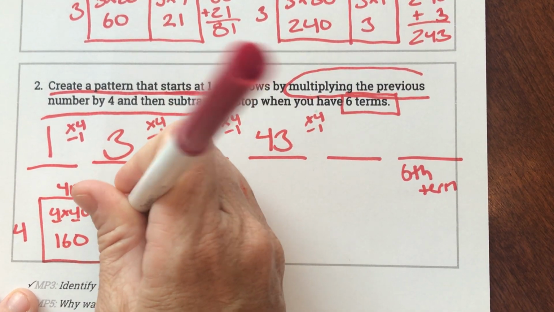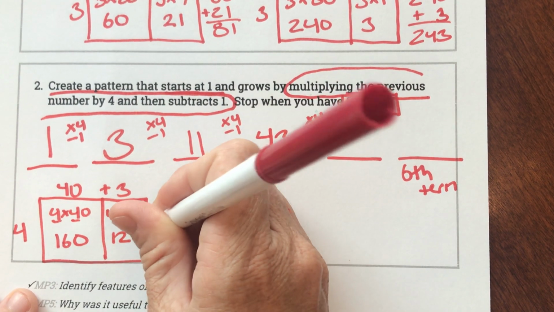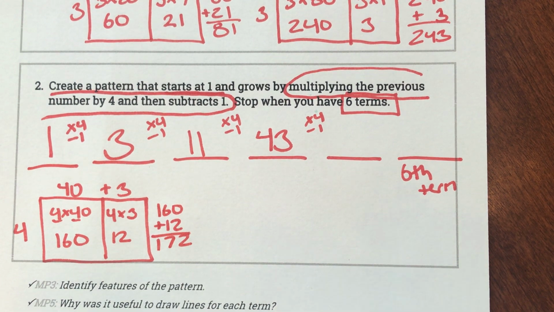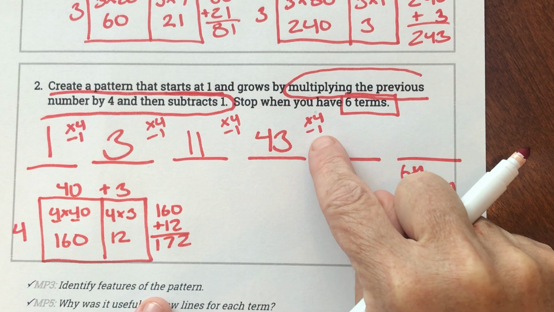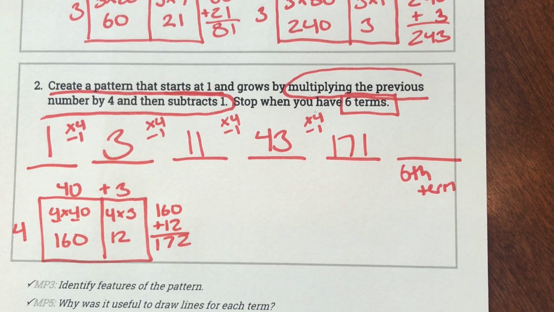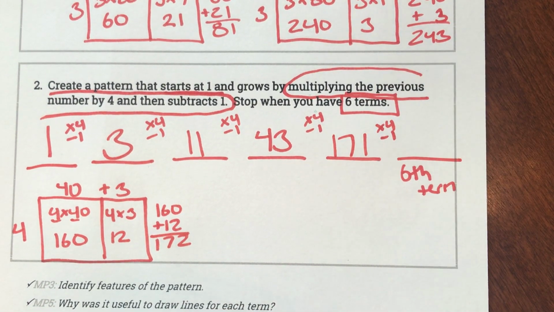4 times 3 is 12. So I have 160 plus 12 equals 172. So 43 times 4 is 172, but they want me to take away 1, so it's 171. Okay, and then my rule is times 4 minus 1.